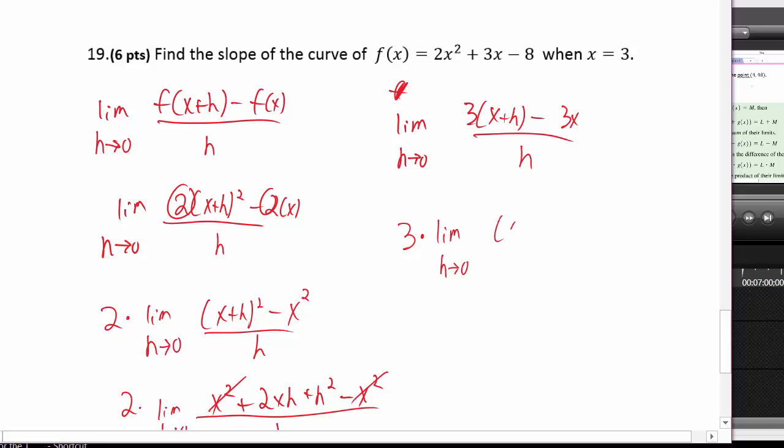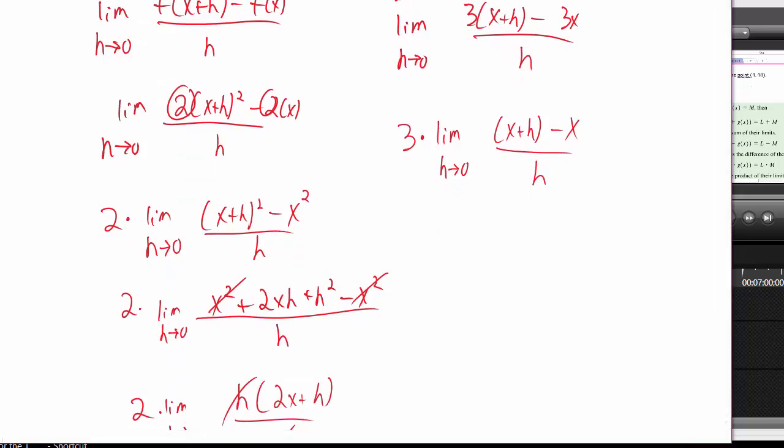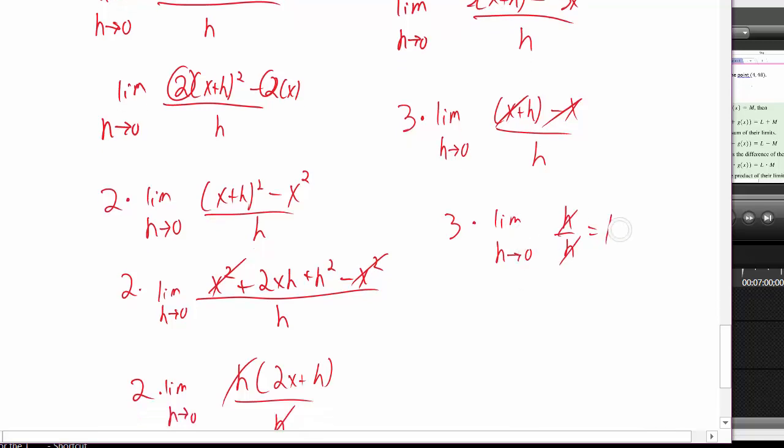Now I get x plus h, because now it's just 3 times the function x. If you notice, you just do x minus x, you get 0. So we get 3 times the limit as h approaches 0 of h over h. Well, h over h cancels out to just 1. So what's the limit as h approaches 0 of 1? That's just 1. So you get 3 times 1, which is 3.